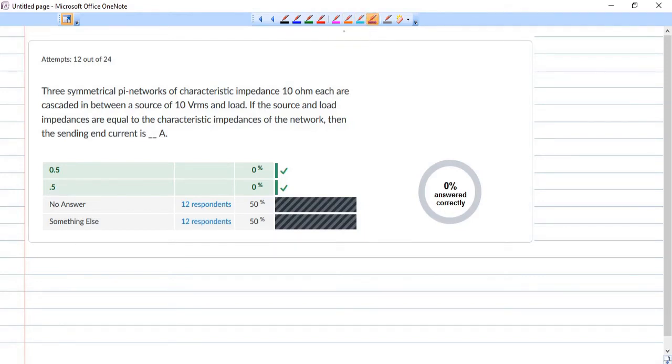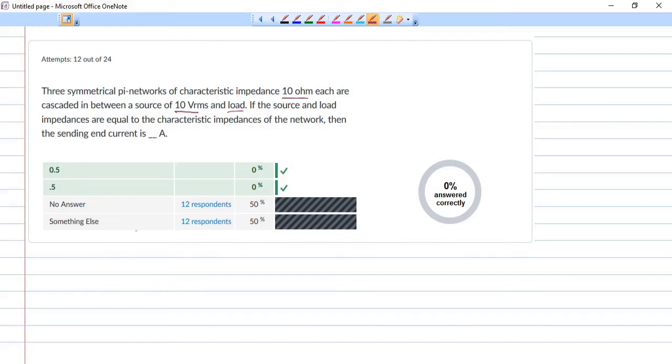The next question is, three symmetrical pi networks of characteristic impedance 10 ohm each are cascaded in between a source of 10 VRMS and load. If the source and load impedances are equal to the characteristic impedances of the network, then the sending end current is okay.